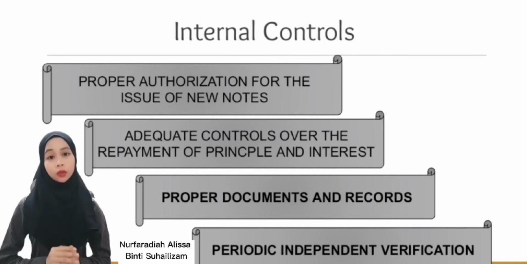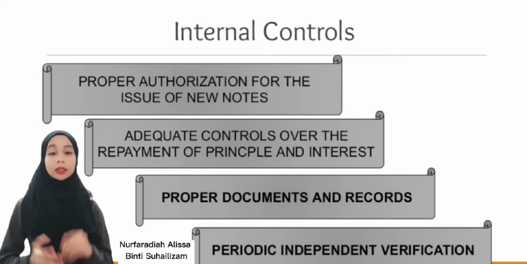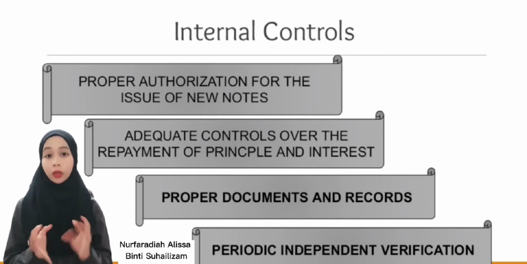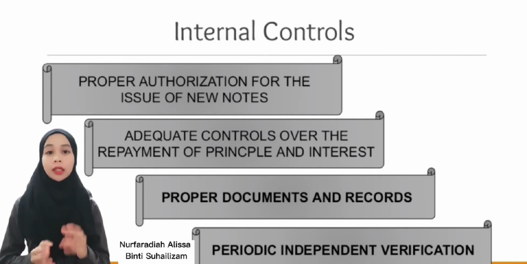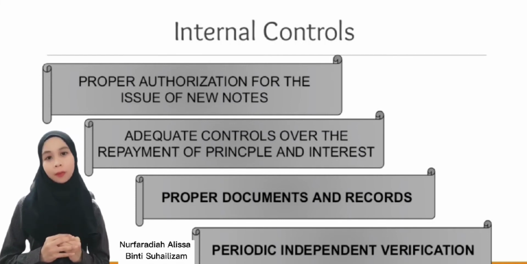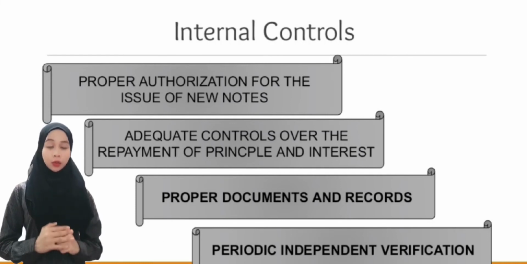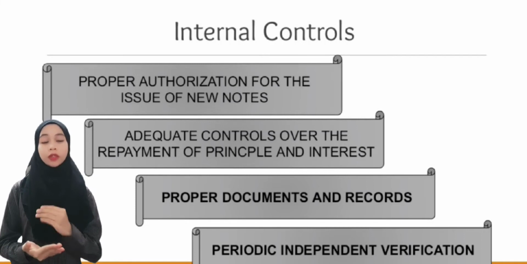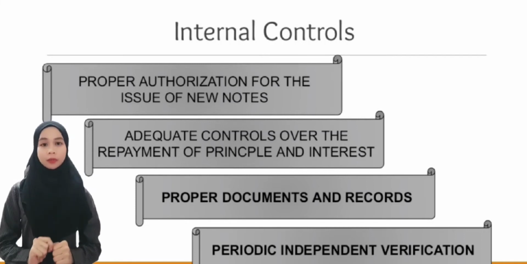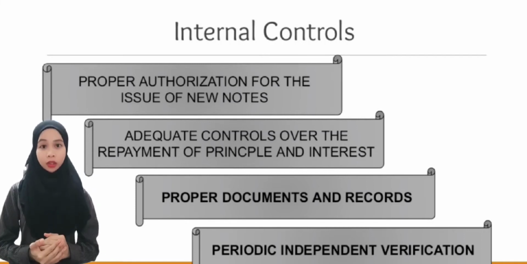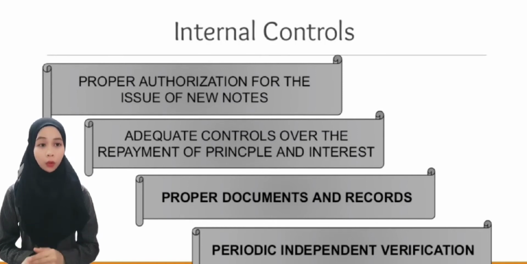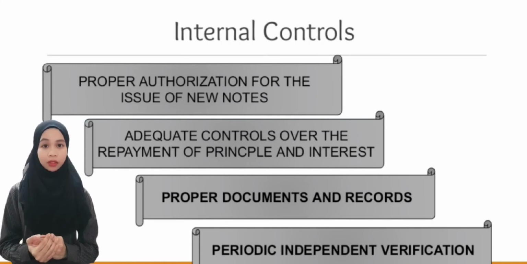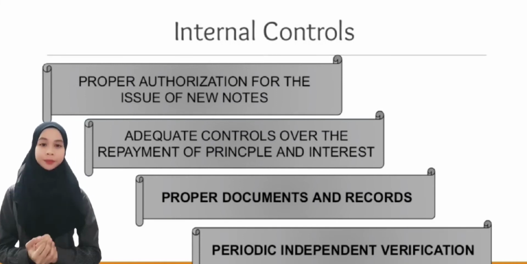For the first internal control, all official documents need a signature, especially the loan agreement. For the renewal of notes payable, they must follow exactly the same procedures as for new notes payable. For the second internal control, the periodic payments of interest and principal should be subject to the controls in the acquisition and payment cycle, and a copy of the note provides the supporting documentation for the payment.